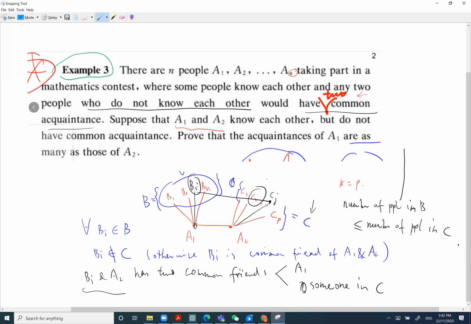For any C, some friend of A2, you can find another B in A1. So if both ways are correct, that means these two are just equal.